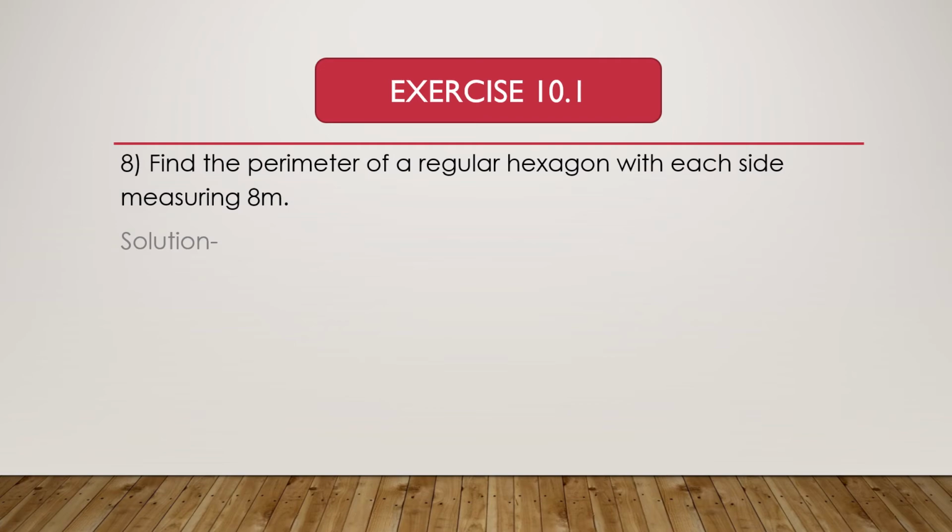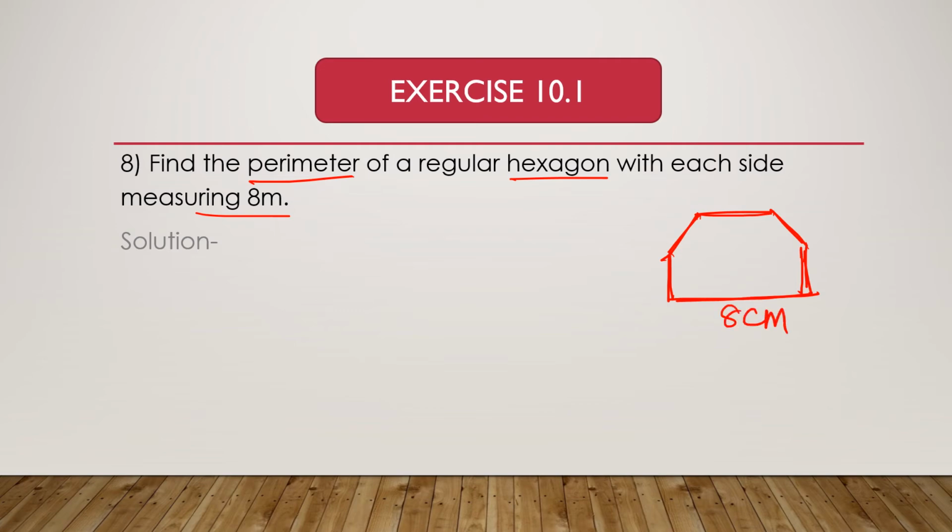Now we solve question number 8. Find the perimeter of the regular hexagon with each side measuring 8 meter. Hexagon: 1, 2, 3, 4, 5, and this is 6. Each side is measuring 8 meter.